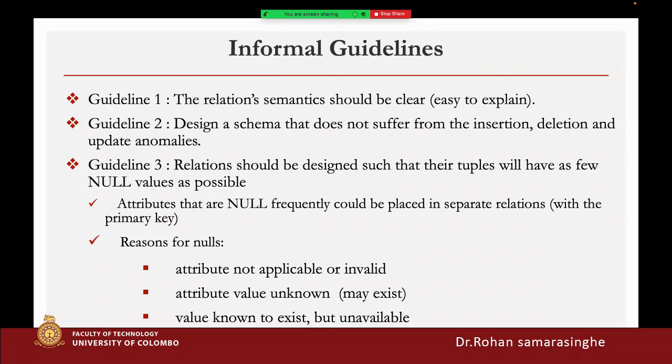Another guideline is to design a schema that does not suffer from any insertion, deletion and update anomalies.